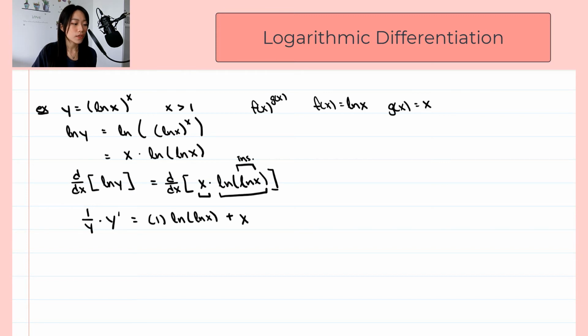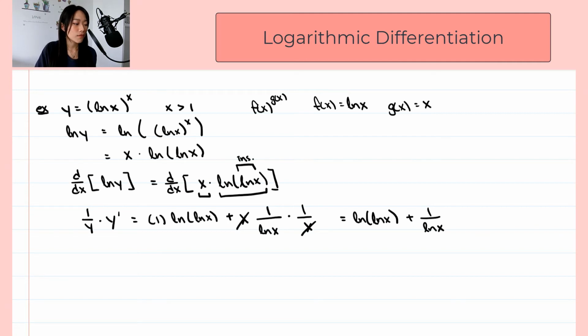So here we need to use the chain rule. So its derivative is 1 over the inside function, ln of x, times derivative of the inside function, which is 1 over x. And this x can cancel out with the x in the denominator. So this equals ln of x plus 1 over ln of x.